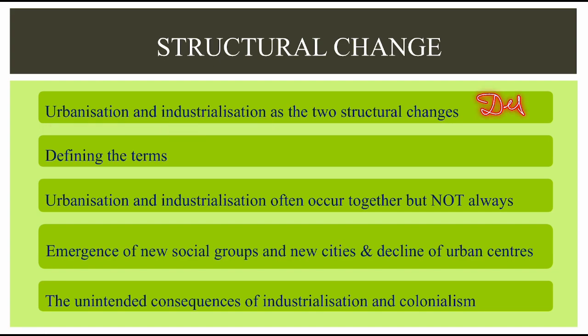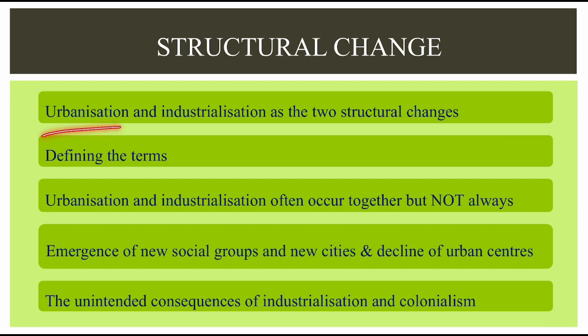Let's just first define the terms. Industrialization means number 1, the use of machines for the production process, and number 2, the use of inanimate energy or power resources like steam or electricity. So what we see is that industrialization transformed the economic activity landscape. How? Well, more and more people moved to work in the factories and offices and shops as compared with agriculture.